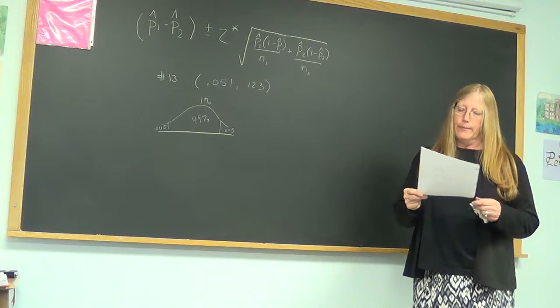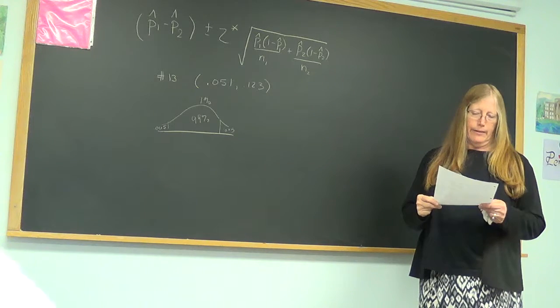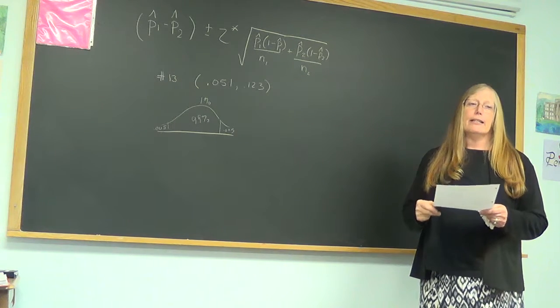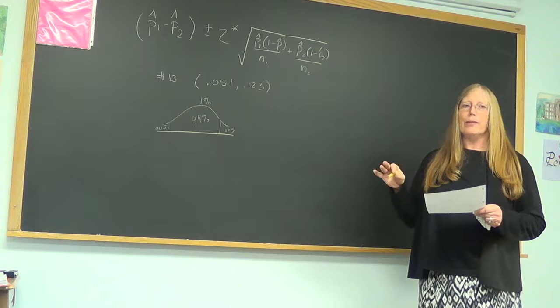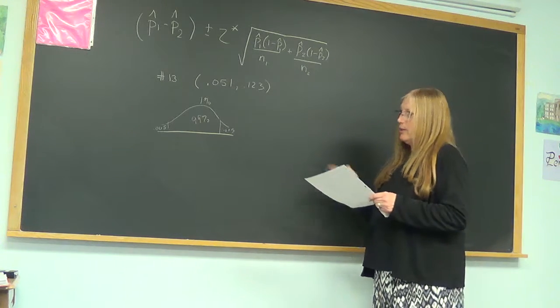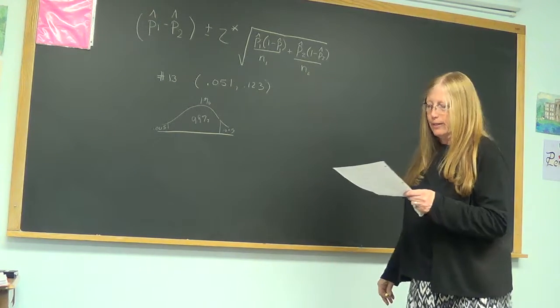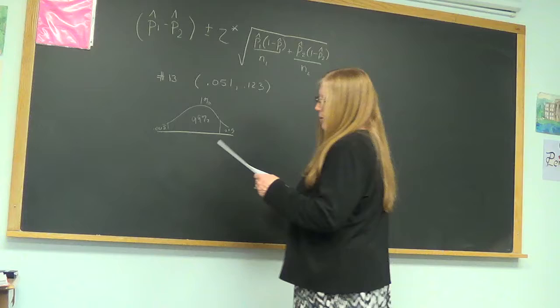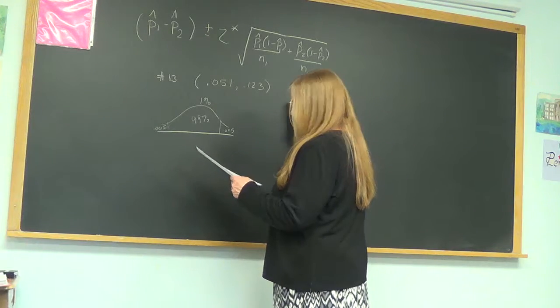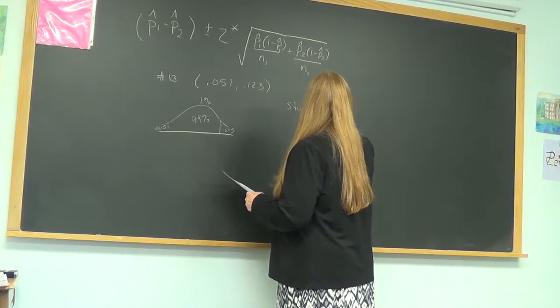Let us then talk about how to get that out of your calculator. I'll train you on 13 and you will check 14 on the calculator. You will go to Stat Tests, then two variables.